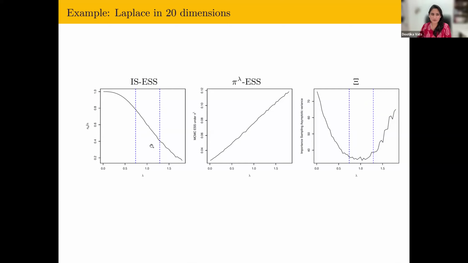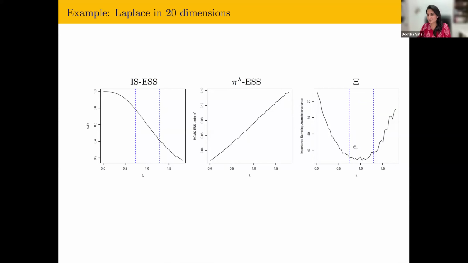So this is where it is 0.4 and this is where it is 0.8. These are the nice values of lambda that I have found. Now I see that the pi lambda ESS, the mixing of the Markov chain, continues to improve as I increase lambda. So as I increase lambda, the mixing gets better and better, and that's measured here.